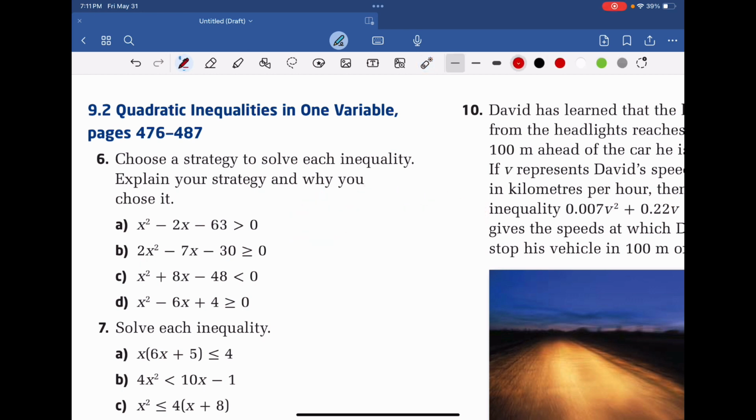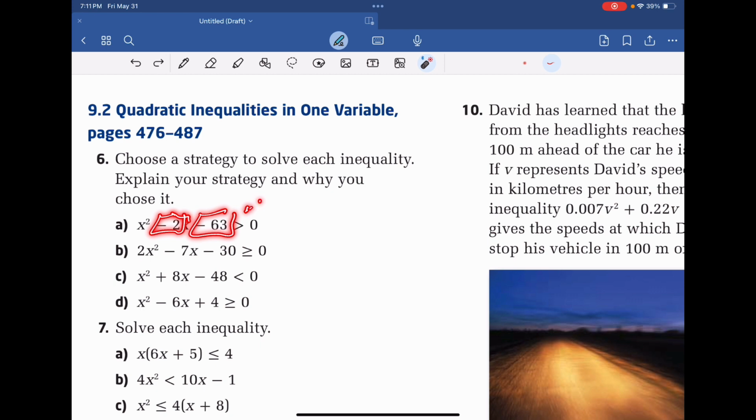For instance, let us do the first one. So x squared minus 2x minus 63. We need two numbers that if you multiply them, it will be equal to minus 63, and if you add them, it will give you minus 2.